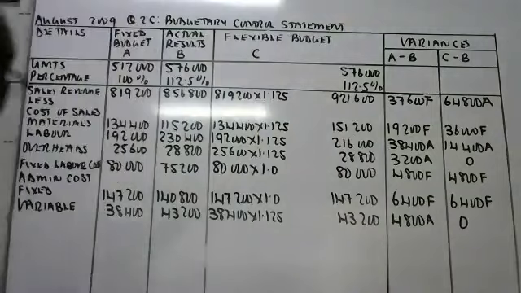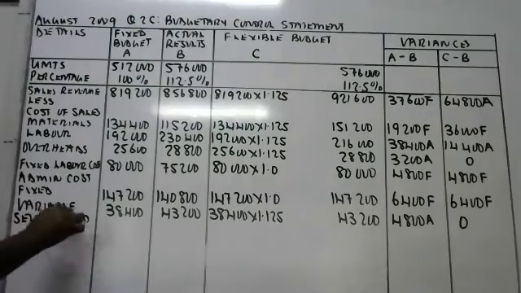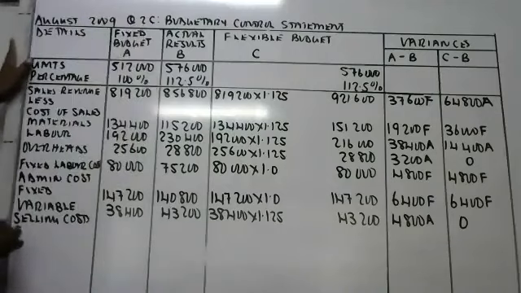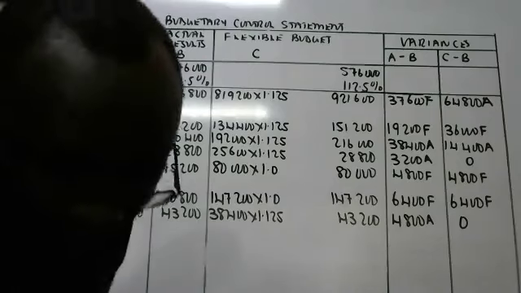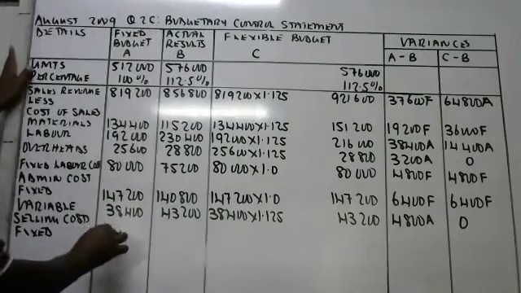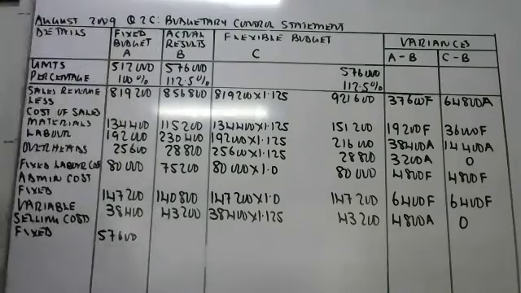Next is selling costs. So selling costs, we start with the fixed. Fixed at the selling, the original is 57,600 and the actual is 66,400.